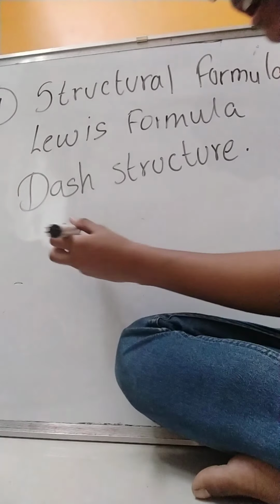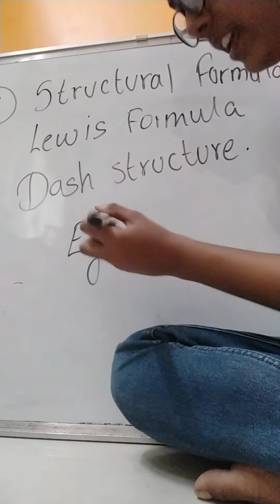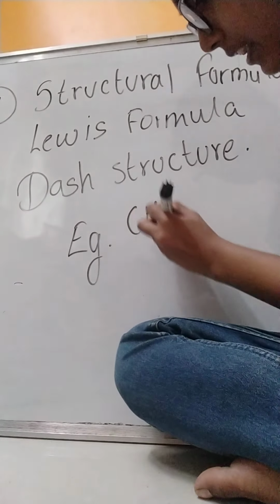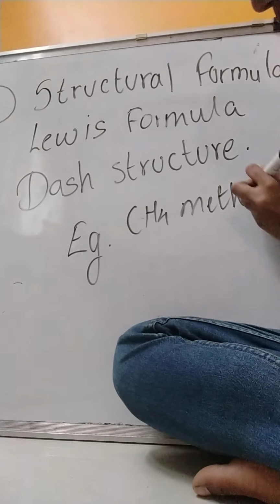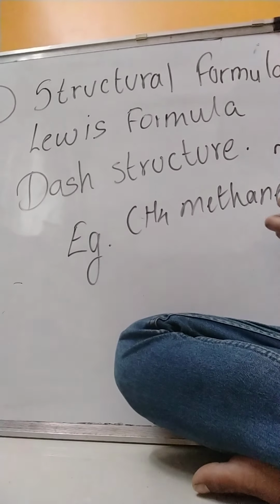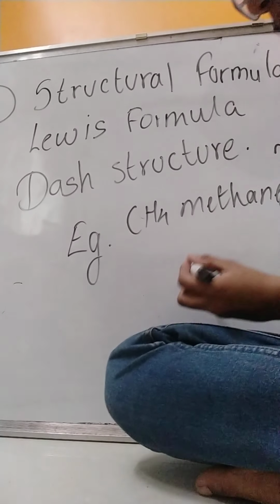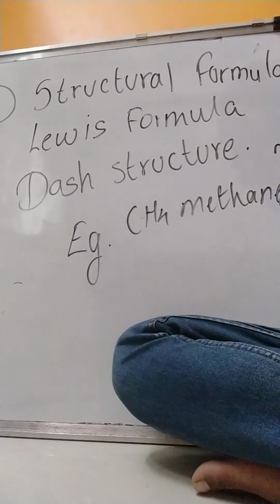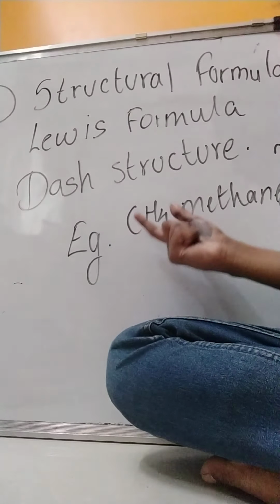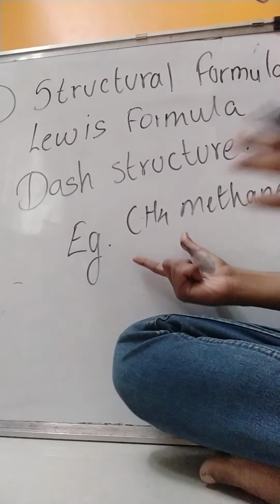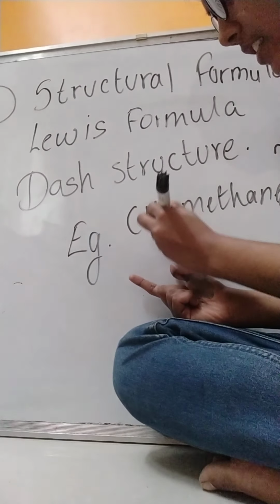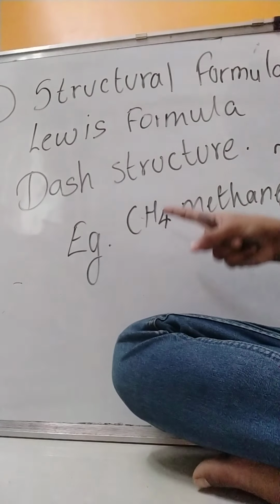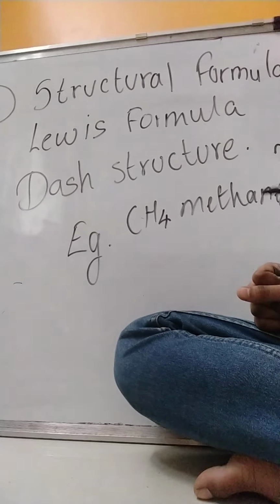Now let us take the very famous example of, guess what, CH4, that is methane. How do we represent this compound? Very simple. First of all, we have to know how many elements are in this particular compound. Two, right? One is carbon, second is hydrogen.